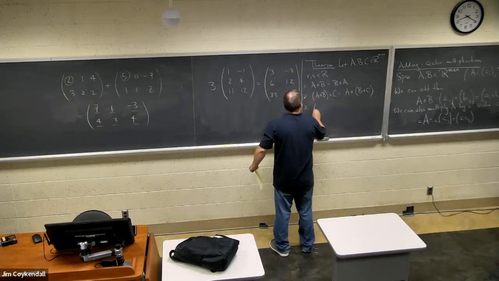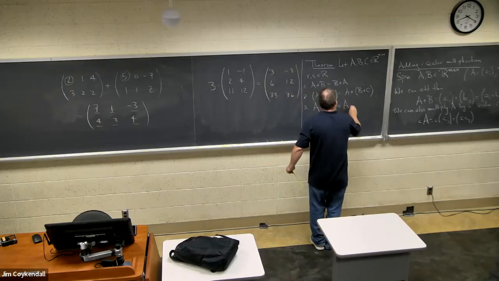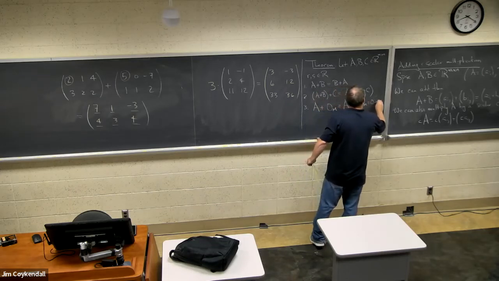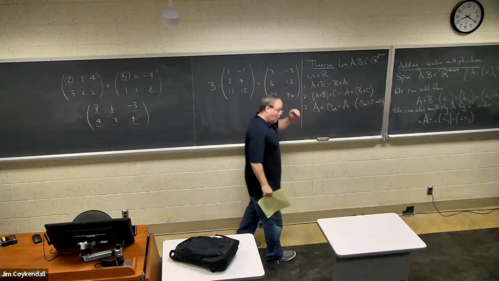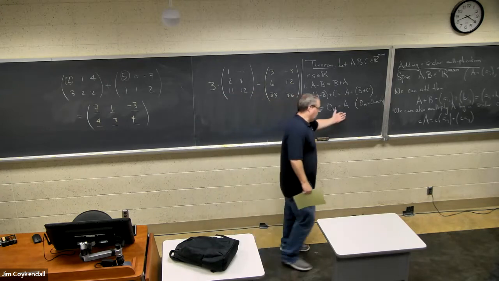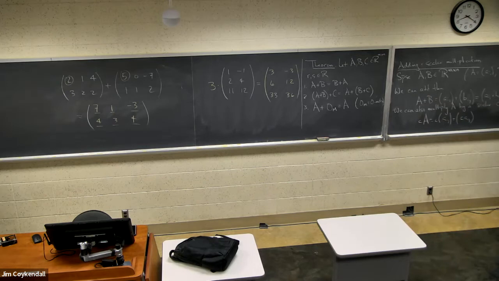Number 3: when you add the 0 matrix to any matrix, you get the matrix back, right? Because remember, the 0 matrix is the matrix that has zeros in every single entry.